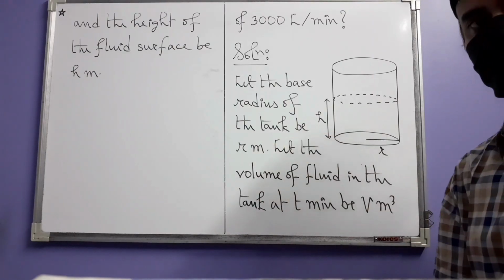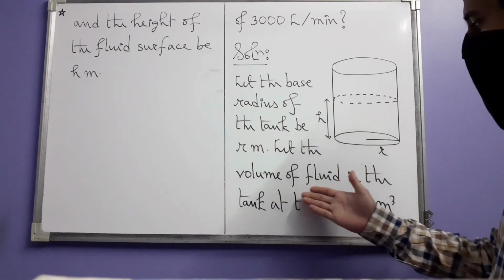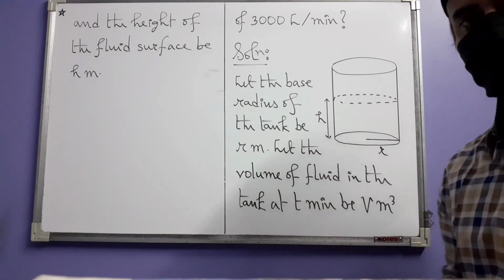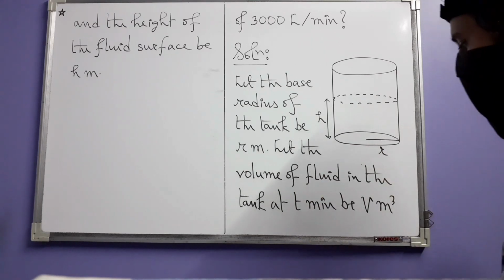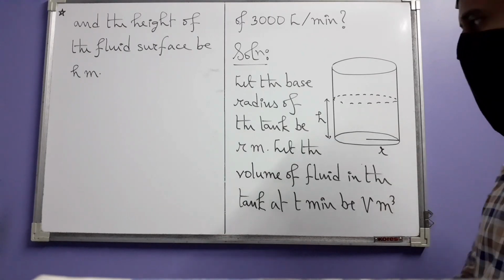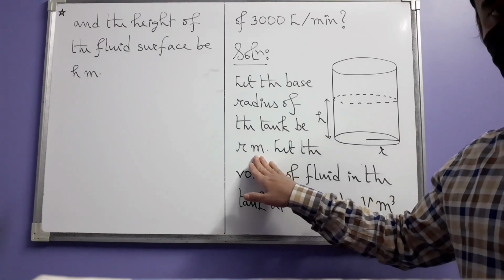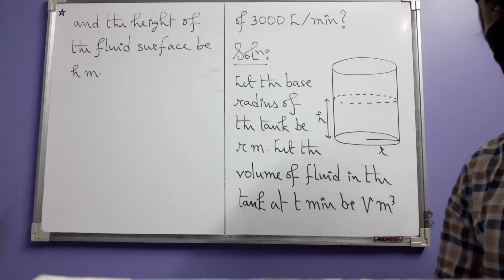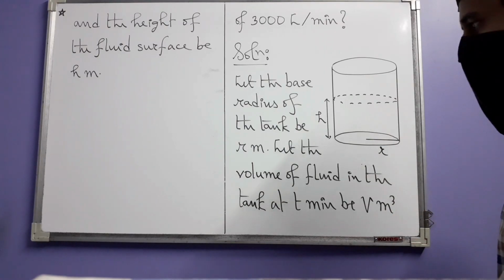M stands for meter. And let the volume of the fluid in the tank at the time instant t minutes be V cubic meter, because we are considering the unit meter for radius, so we express the volume in cubic meter. Let it be V.